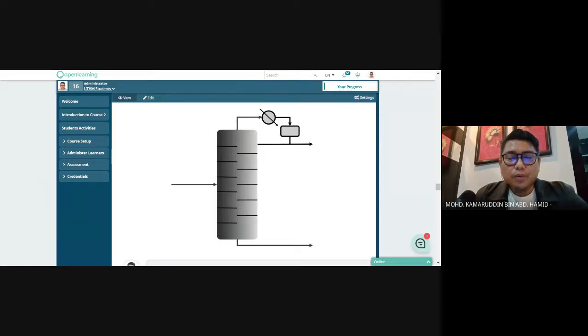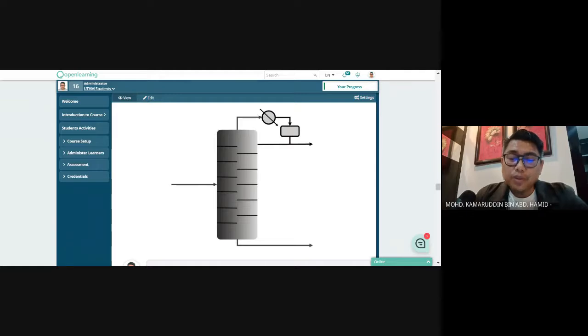Okay. When you have CO2 in your feed, you boleh pakai flash. Yes, you can separate it using flash. If you have CO2 in your feed stream, you can use absorber, tak ada masalah. Because flash and absorber are the same. You still can recover gas at the top.